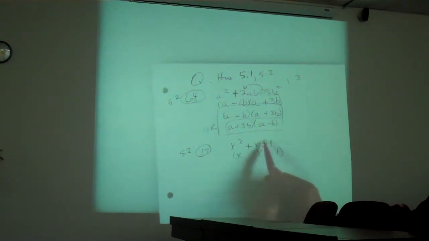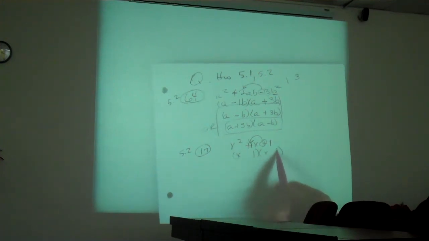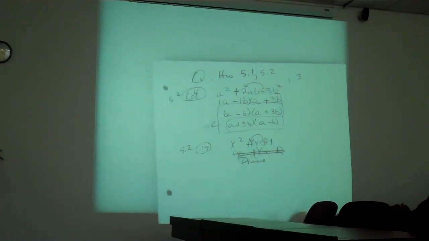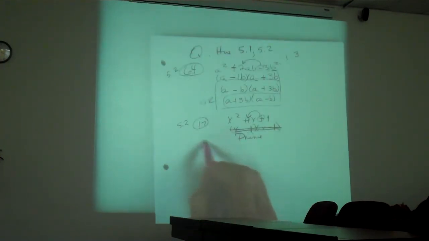But when you add it, you can't get the coefficient of 1. You have 1 and 1, so it could have been a 2, but it can't be this. Since that doesn't work, the answer is prime. And number 18 is the same way.